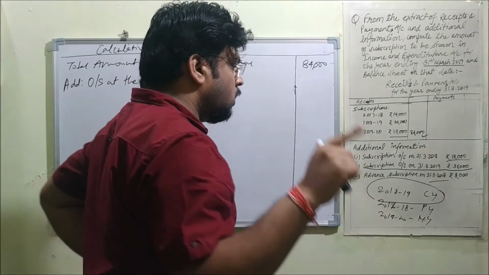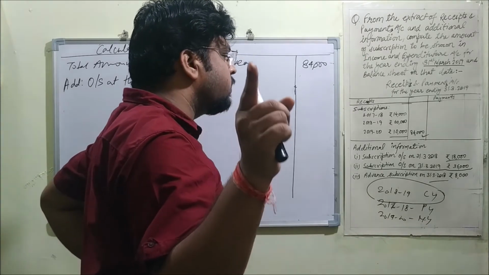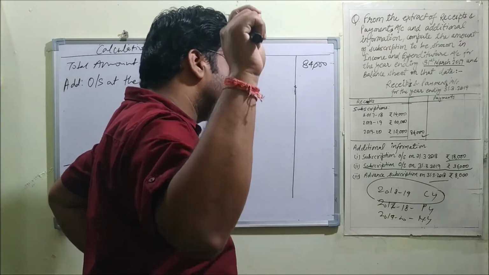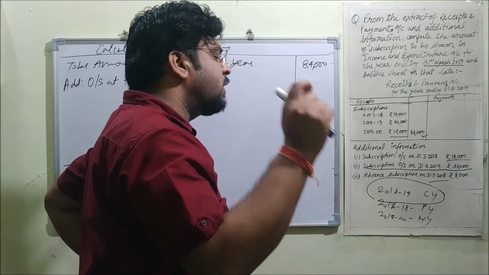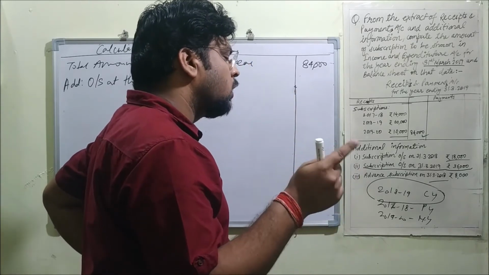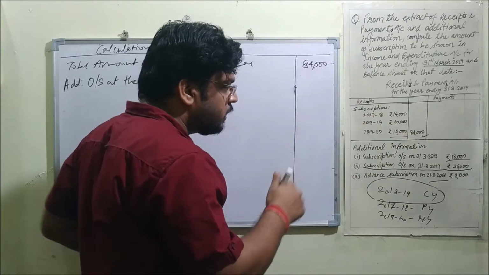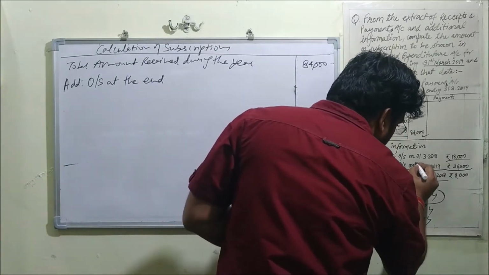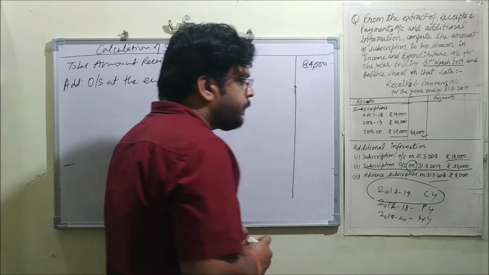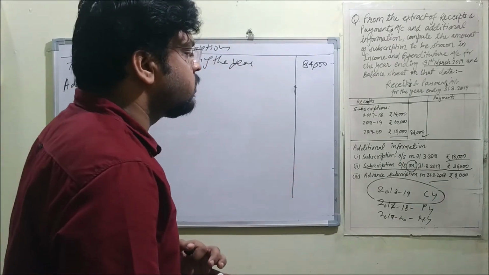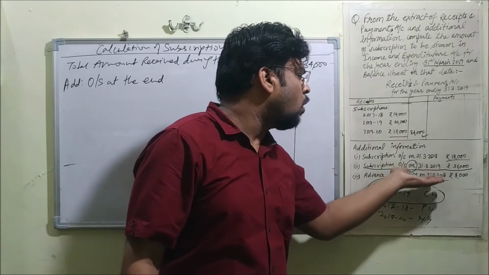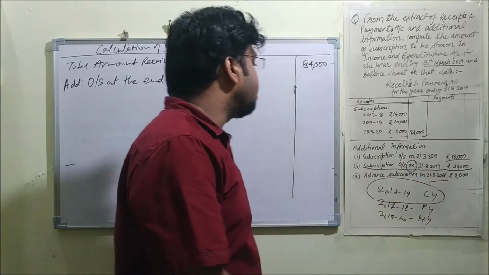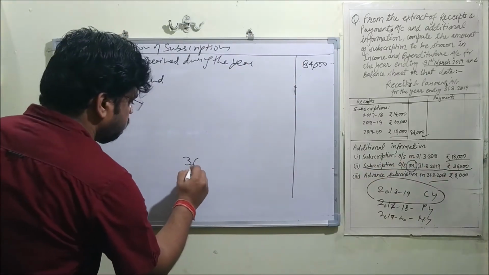Now, in video number 5, we took a question and I stressed a point related to 'for' and 'on'. That question had 'for', and here it is 'on'. We'll have to focus on this term. Let's understand what it means. It is saying that subscription outstanding on 31st March 2019 is 36,000.